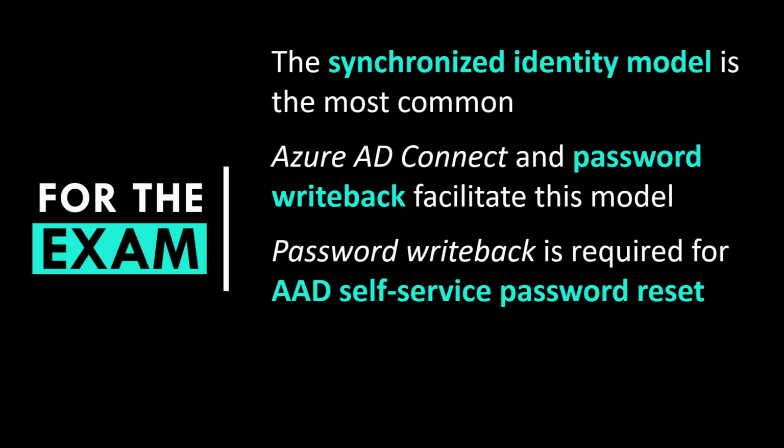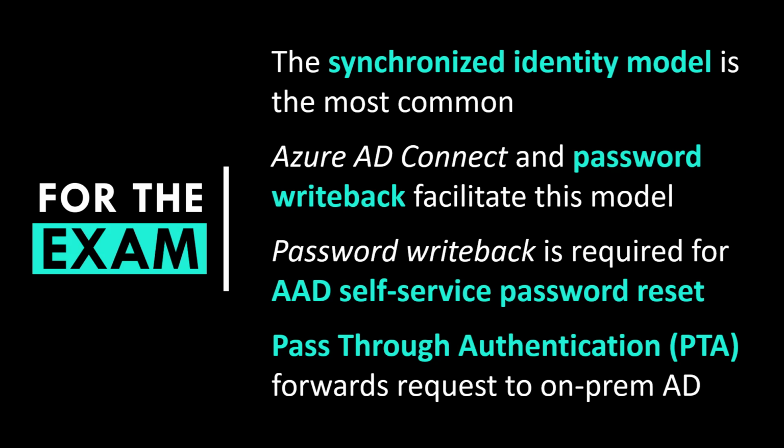When we allow a user to reset their password, we immediately have a password that's out of sync with the on-premises identity in Active Directory, and password writeback is what writes back that updated password to the Active Directory user on premises. So password writeback is really important in that respect, as it helps us implement single sign-on and a great user experience for that synchronized identity model that is the most commonly implemented today.